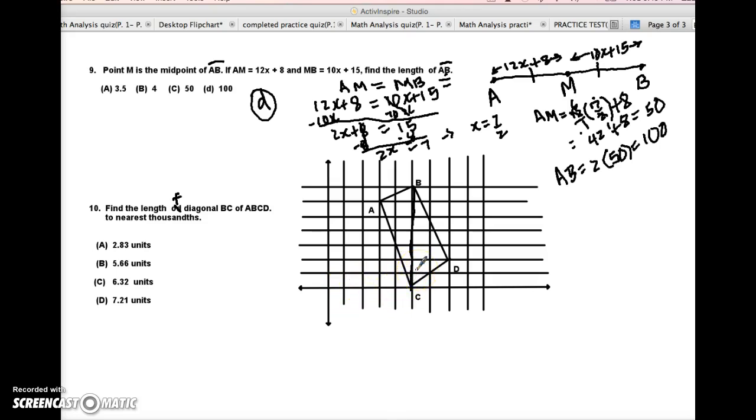Let me look at the diagram and make a correction on that because I'm sure I drew that wrong. 1, 2, 3. That should be 1, 2, 3, and then 2, 3, up like that. 5.